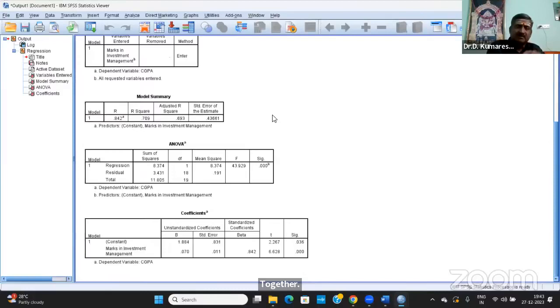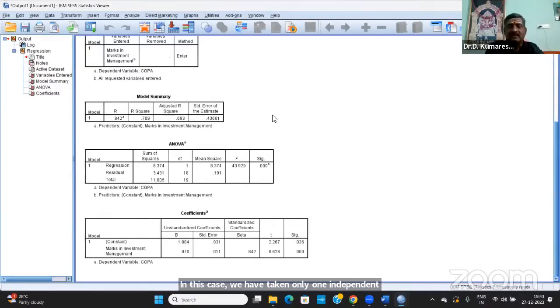The next one is giving the results of individual influence of independent variables on the dependent variable. In this case, we have taken only one independent variable.